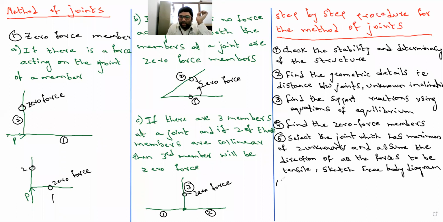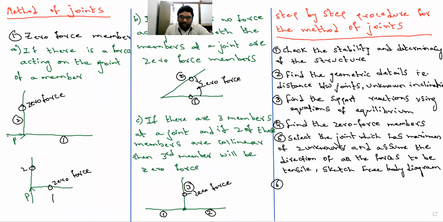This is a very important step, and this will lead you to further understanding of how we analyze a truss. So you need to choose a joint that has a maximum of two unknowns, assume that all the forces are tensile, and sketch the free body diagram.